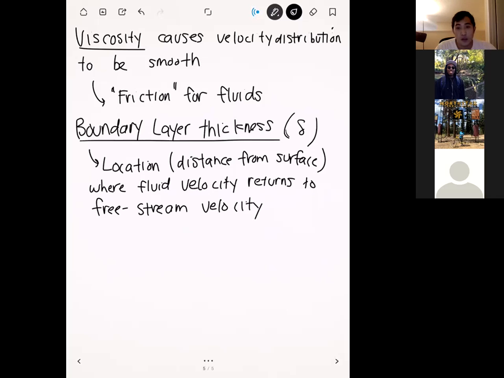To write a formula for it, it looks like this: U of delta is equal to 0.99 U infinity.